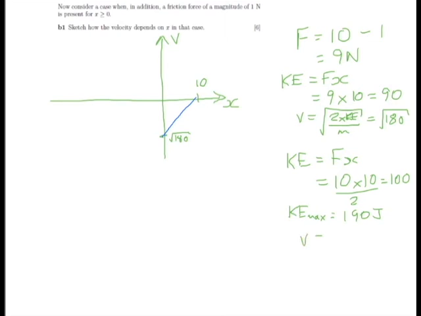So our velocity is going to end up being the root of 280 joules, again, just using half mv squared there and rearranging. So we now know one more point on our graph, which is that the maximum negative velocity here is the root of 280 meters per second.